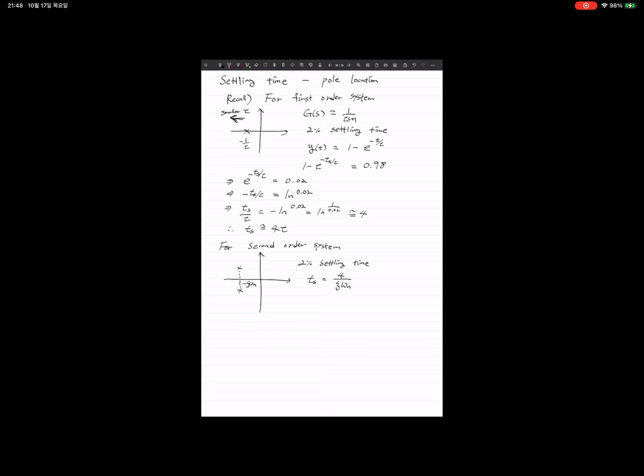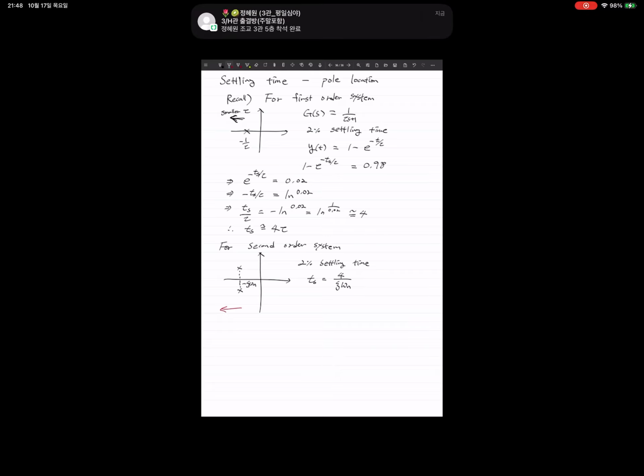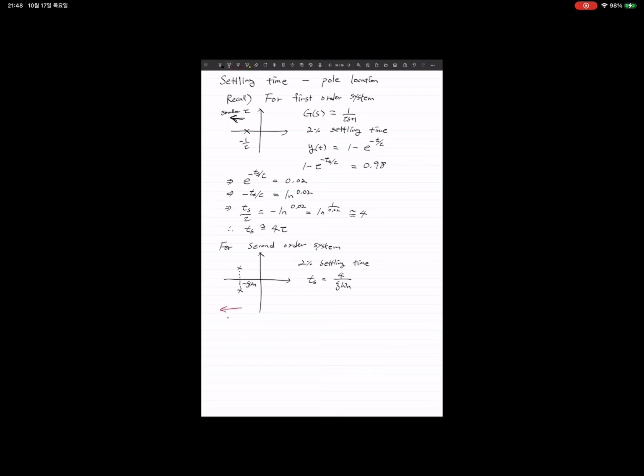Again, here, if the pole moves to the left from the imaginary axis, then zeta omega n will be larger. It means the settling time will be smaller.